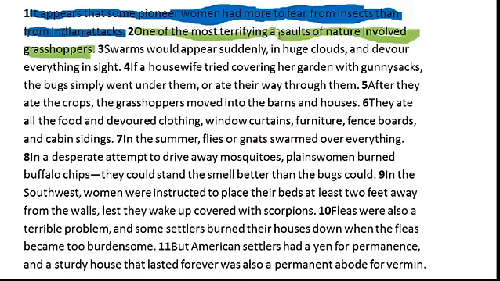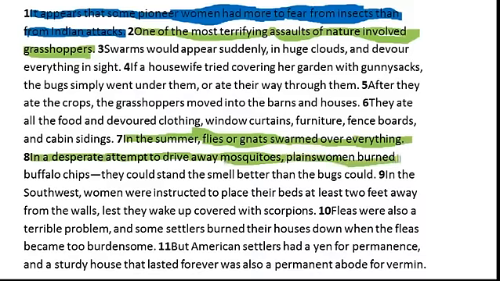Then the next insect that it talks about, that the problem they had in the summer, flies or gnats. Flies or gnats swarmed over everything. Major supporting detail. Then the next sentence, it says, in a desperate attempt to drive away mosquitoes. Mosquitoes is a major detail.